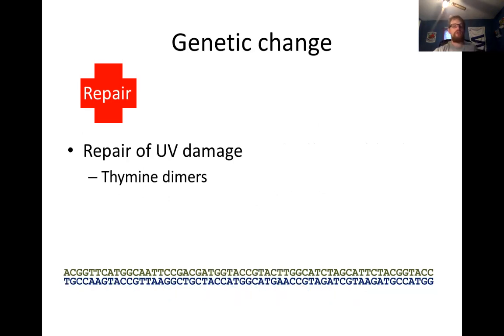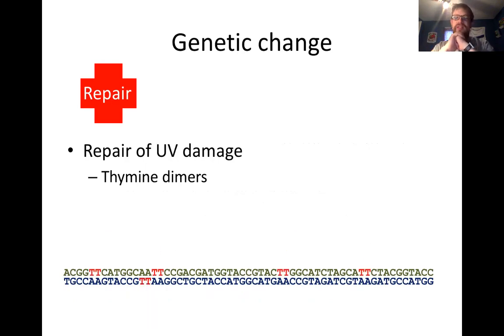So let's actually start to talk about some repair mechanisms that are unique to prokaryotic cells, when we compare them to our cells. So this is a repair of UV damage. Remember I said UV damage causes thymine dimers.